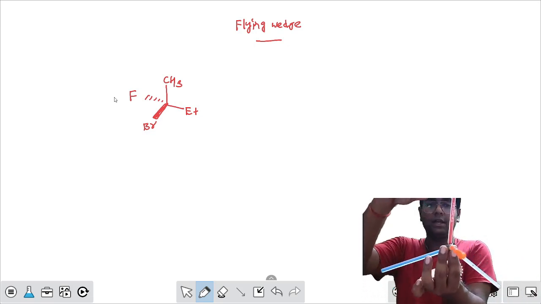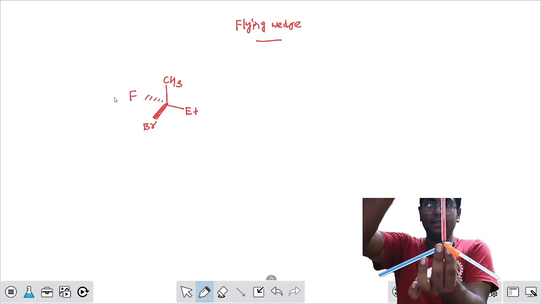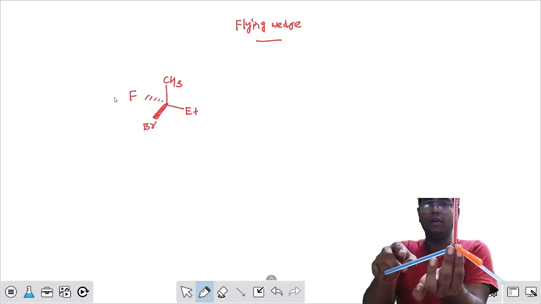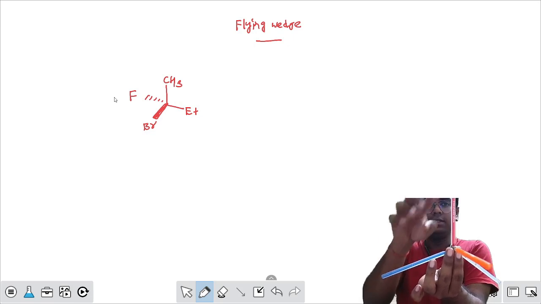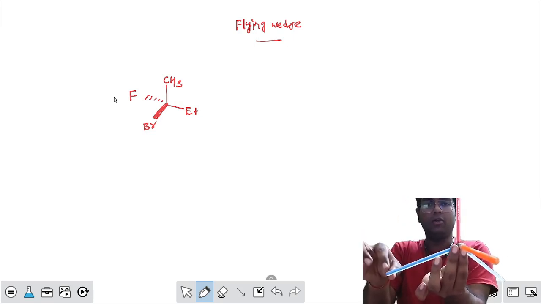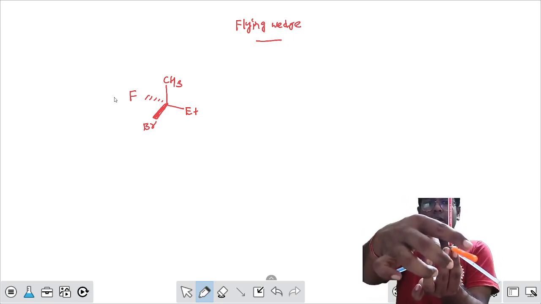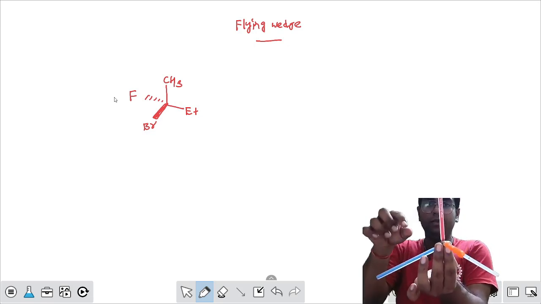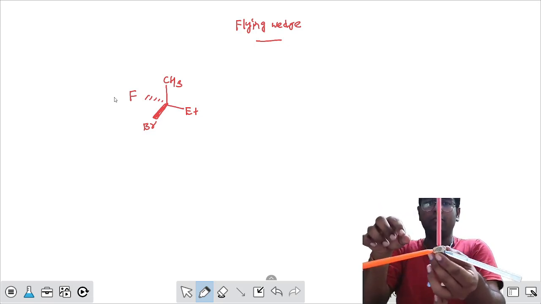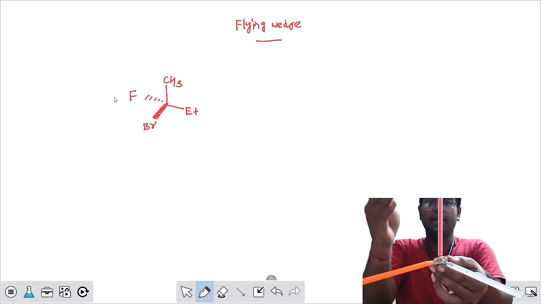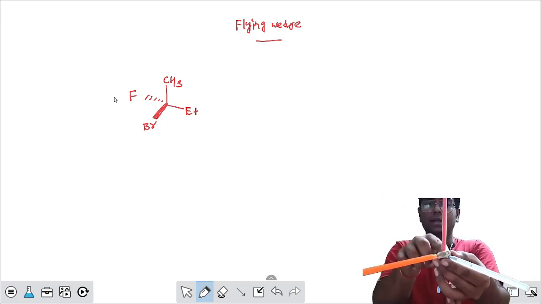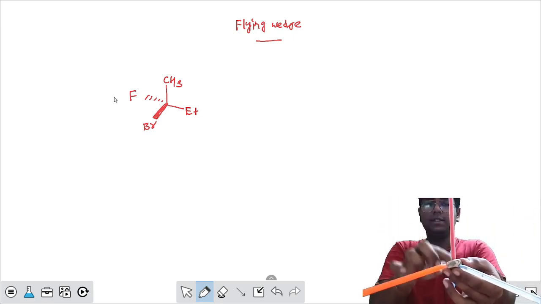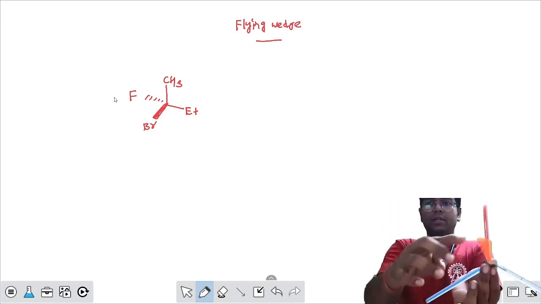Let's discuss it another way, that this C-CH3 bond and this C-Et bond are on the plane. This is the C-Br bond above the plane. This is the C-F bond below the plane. Now you are trying to look at this molecule from this angle. So this is the C-CH3, C-Et. Okay, so C-CH3, C-Et, and this was the C-Br.